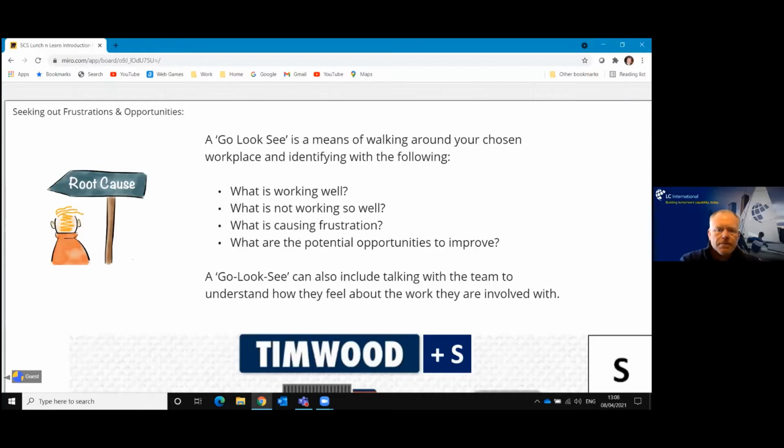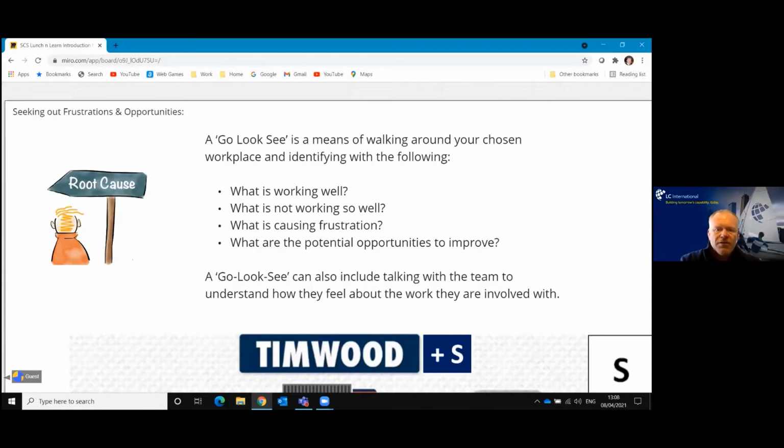Now, go, look, see, for those that have never come across this before, if any of you have seen TV series like Ramsay's Kitchen Nightmares or Undercover Boss, the very nature of these television series are all about getting the experts, the people that know the processes, closer to see them day by day and actually identify where problems occur.